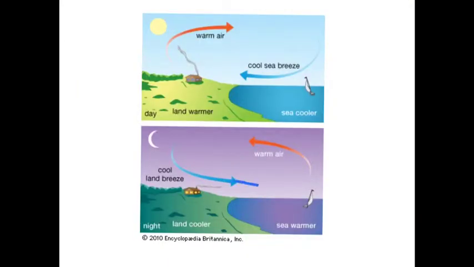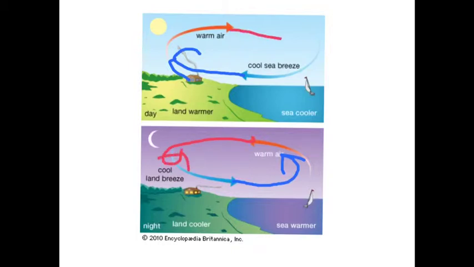This is an image of a land breeze and a sea breeze. A sea breeze is in the day with the heat from the sun. Water warms slower but hangs onto heat. The land gets hot quickly and cold quickly. Water is cold during the day, warms up slowly, and stays warm at night. Because of this, the land will be hot and make the air above it rise.